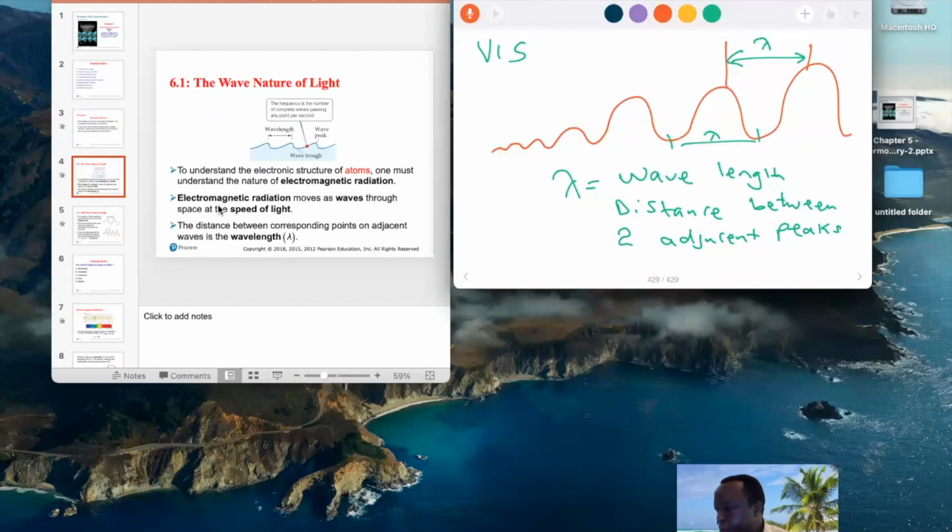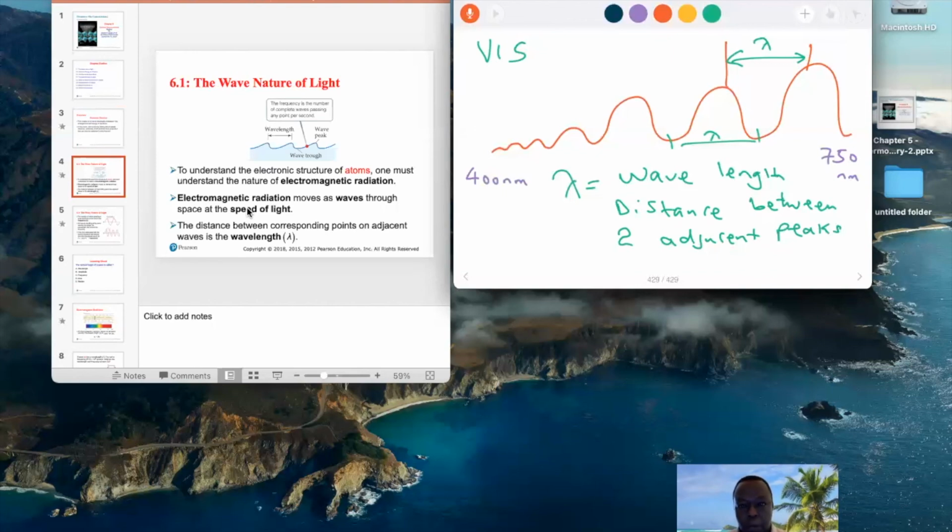If the wavelength ranges from 400 nanometers to 700 nanometers, we talk about the visible region of the electromagnetic spectrum. The rest we cannot see.